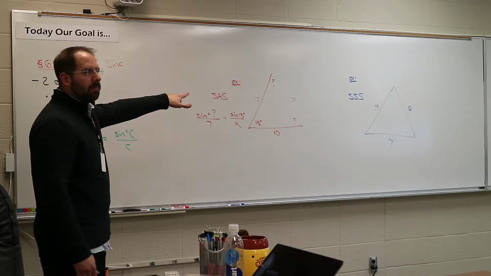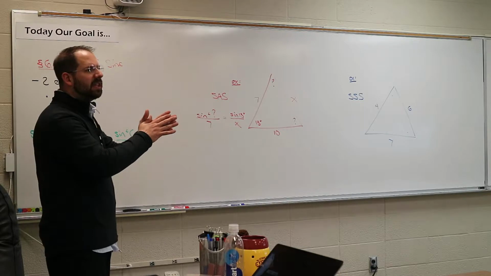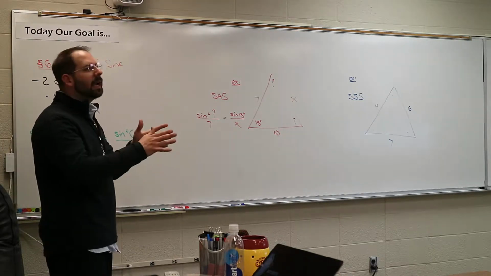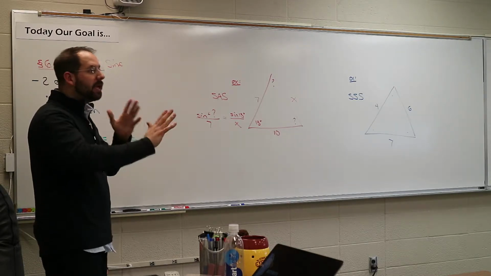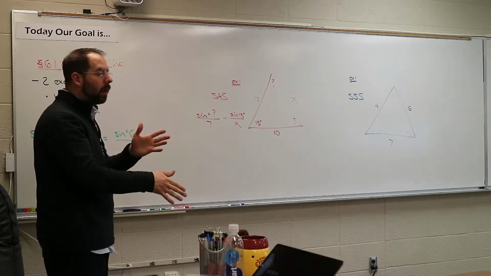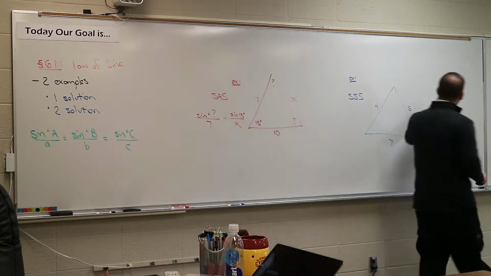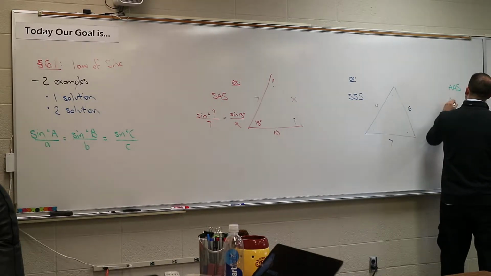Okay, does everyone understand why I'm throwing those out though? Because I gave you the list of acronyms yesterday, and it was a little misguided, because I was giving you the idea of what we're doing this week and not what we're able to do now. The problems we're able to do right now are AAS, angle angle side, and ASA, angle side angle.